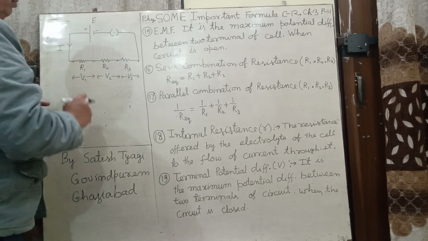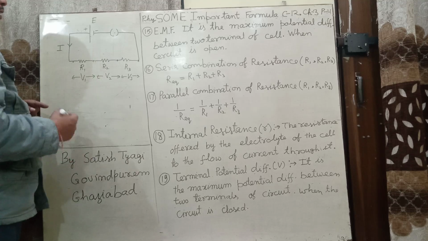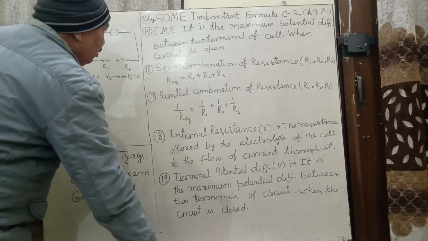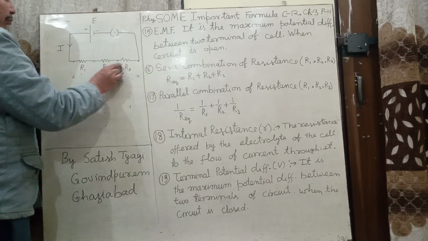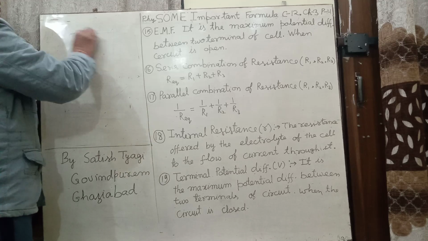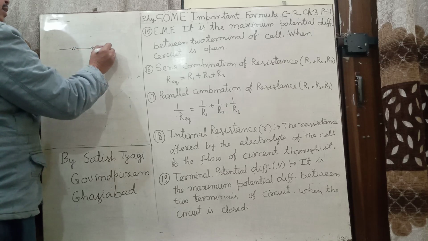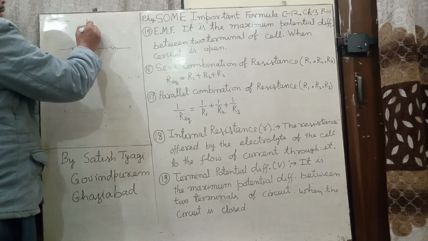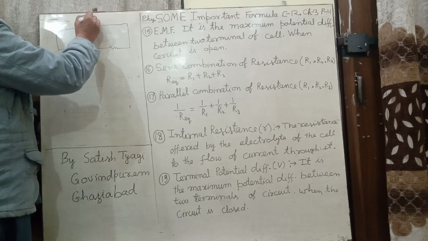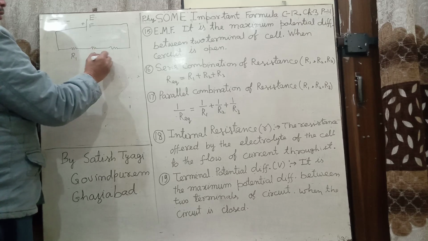Now the other formulas I will tell you in the next videos. Now I am telling you something more about formula number 17. This is the series combination of resistances. Suppose this is positive, this is negative, it is the EMF of the cell, and here are resistance R1, resistance R2 and resistance R3.